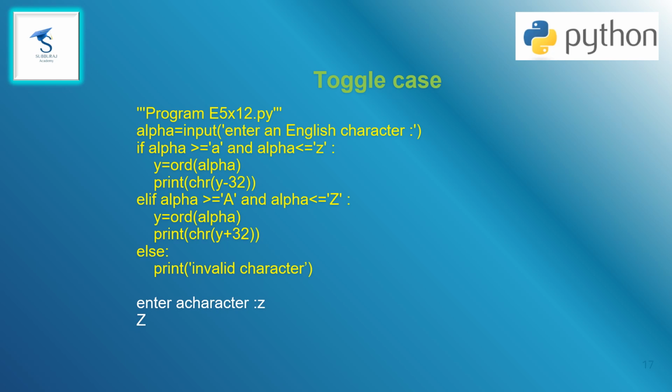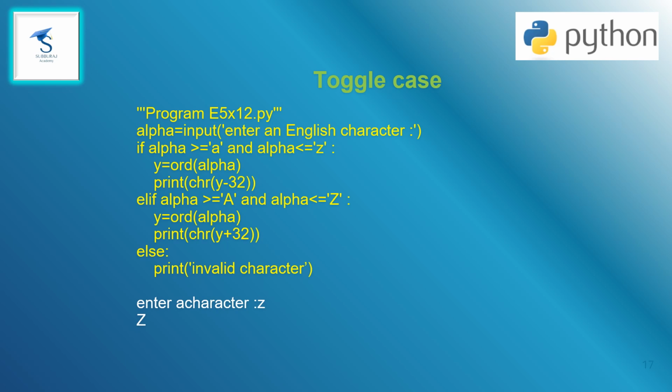So we are expecting a string. A single character is also a string. Understood? A single character is also a string. So we are checking if alpha is greater than or equal to small a, and alpha is less than or equal to z. Actually these values, the constant a and constant z, have some numerical values.